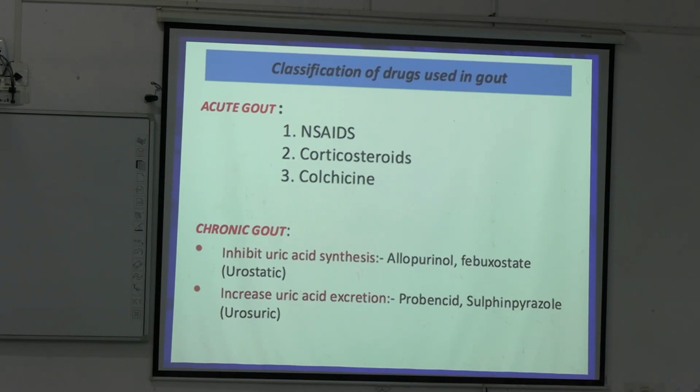So NSAIDs, when first discovered, were like a magical drug. You give NSAIDs and everything is cured. No pain, nothing. But the problem is, in the long run, most people develop gastritis.